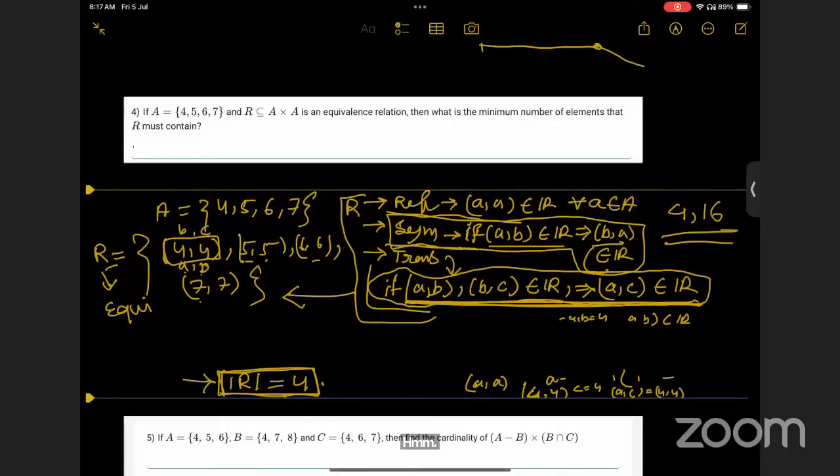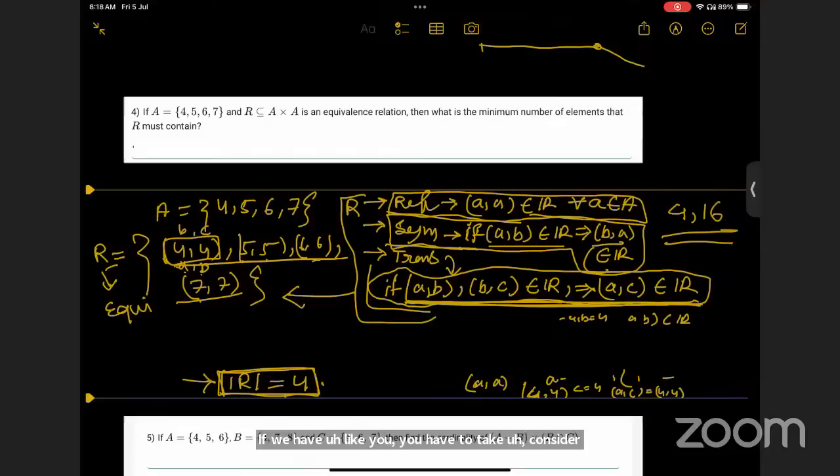So this is the minimum. For minimum, we have to follow the reflexive condition, and for that we need to have these 4 tuples at least. And for maximum, you have to consider all possible tuples.